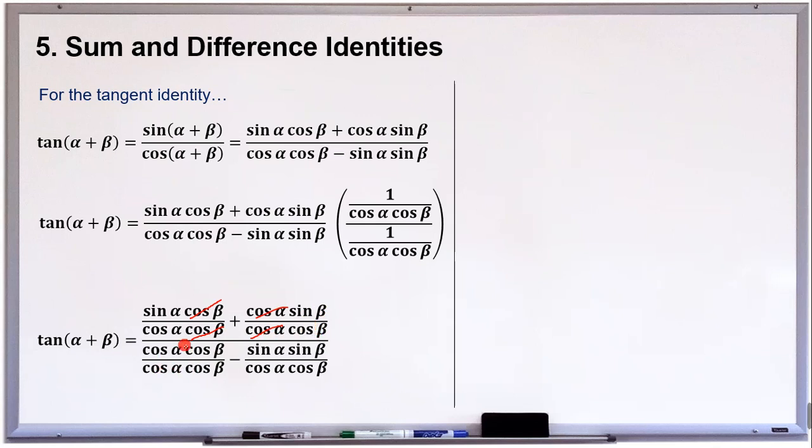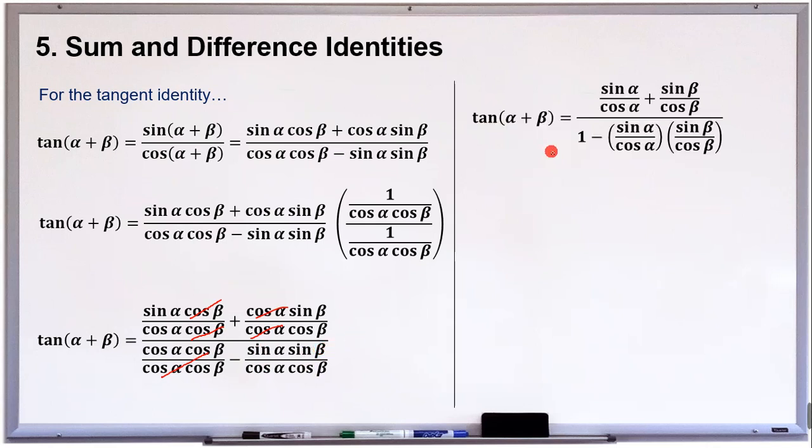And in the denominator for the first term, cosine alpha and cosine beta are common in both the numerator and the denominator. So this fraction will be equal to 1. And then for the second term in the denominator, we have here sine alpha over cosine alpha. This will give us tangent of alpha. And for the second factor, we have sine beta over cosine beta. This will give us tangent of beta.